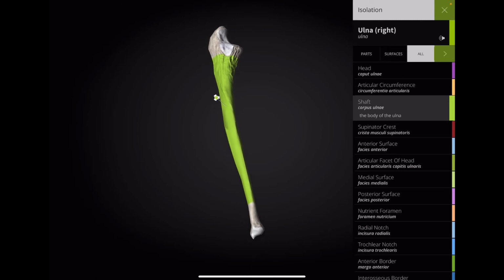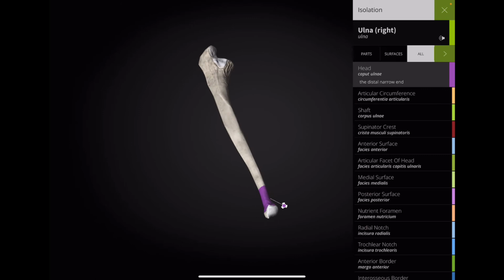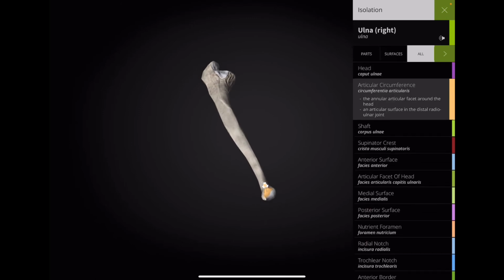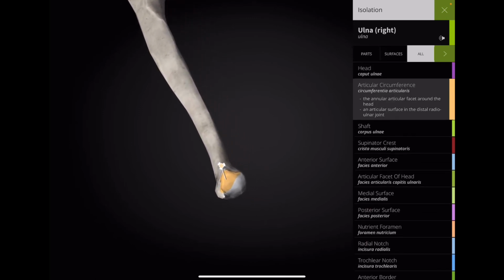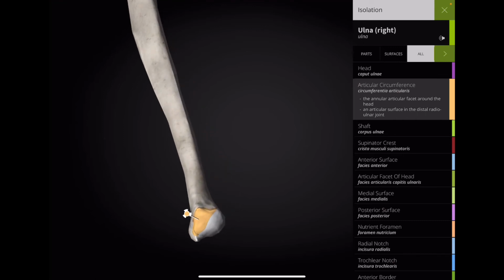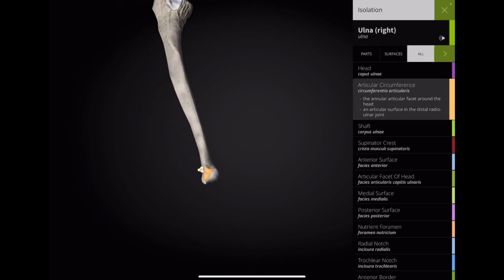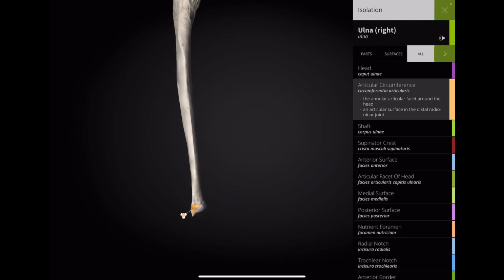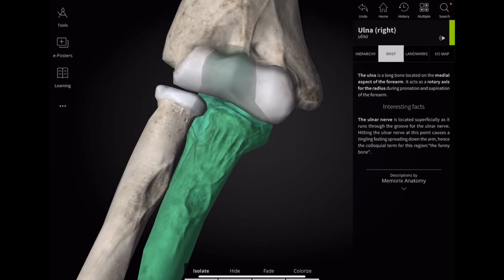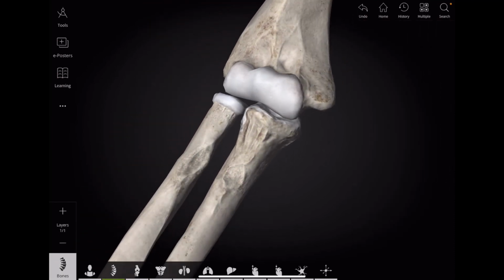Now moving on to the head. Around the head, you should be able to find the articular circumference, which is the articular surface that you find in the distal radioulnar joint, which is basically the joint between the radius and the ulna. We have seen before that the ulna attaches to the radius around the elbow joint.